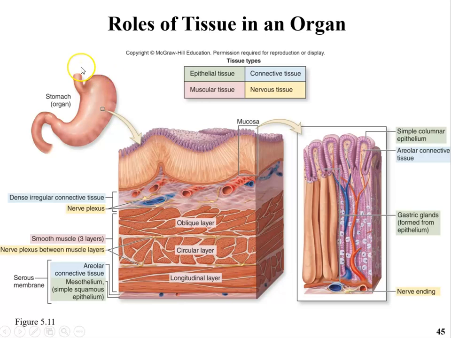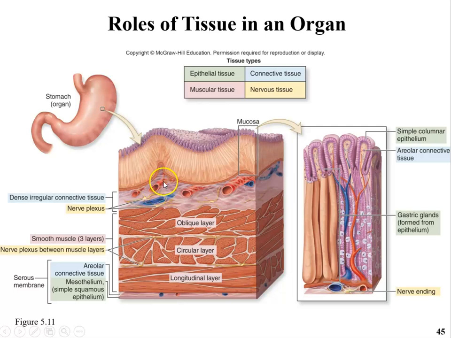So here you can see the stomach, and if we took a section out of that stomach and looked at it closely, we would see all of these structures here. Starting from the inside of the stomach out, you would see a lining of epithelium. And underneath that, a large region of connective tissue with its blood vessels and with nervous tissue in there, right?